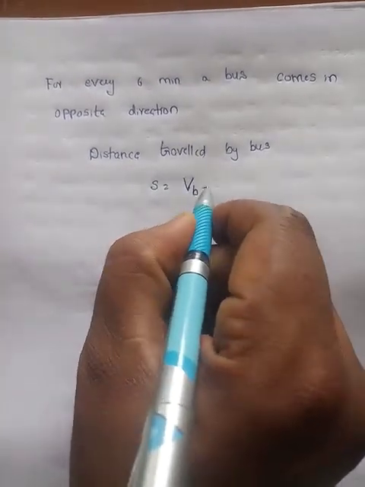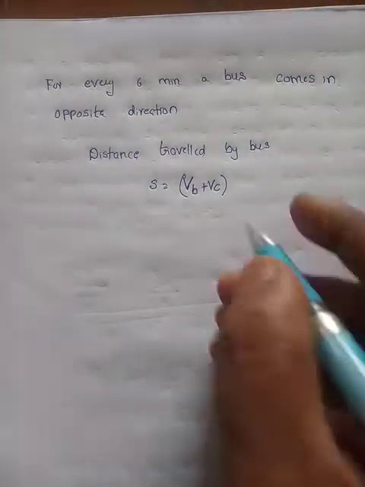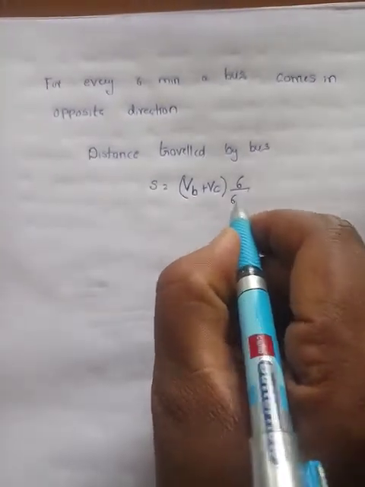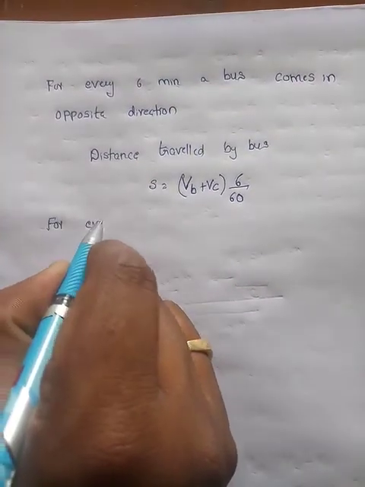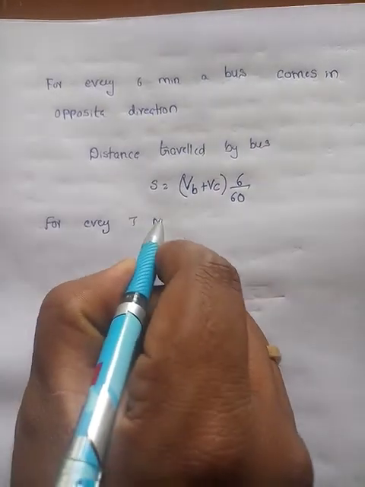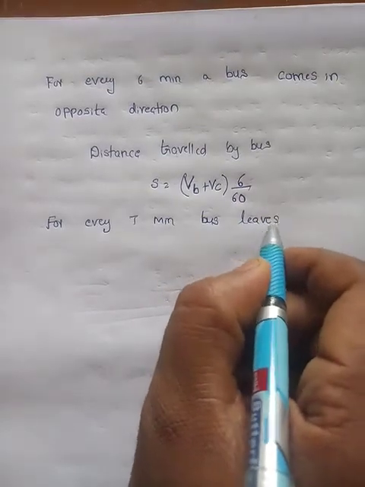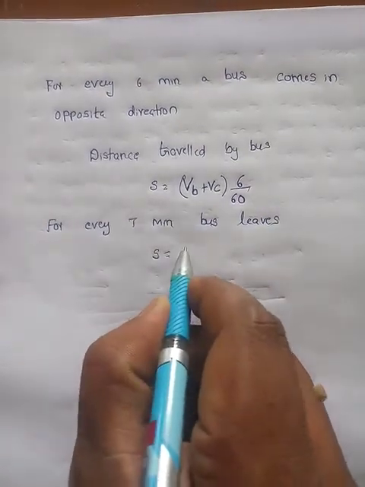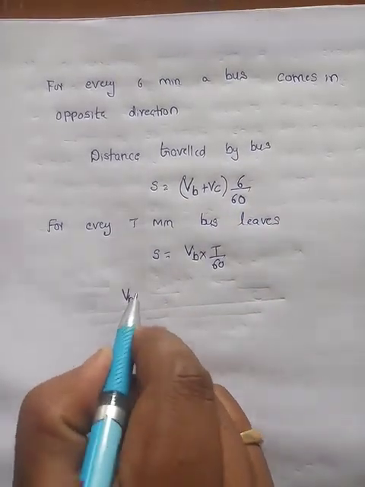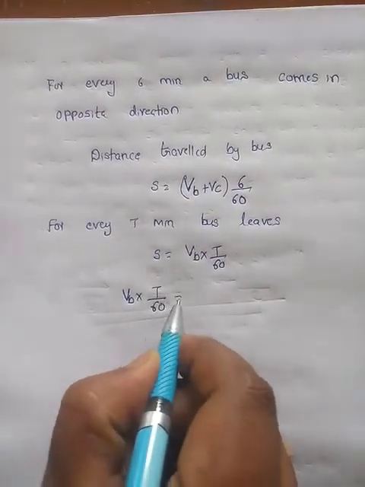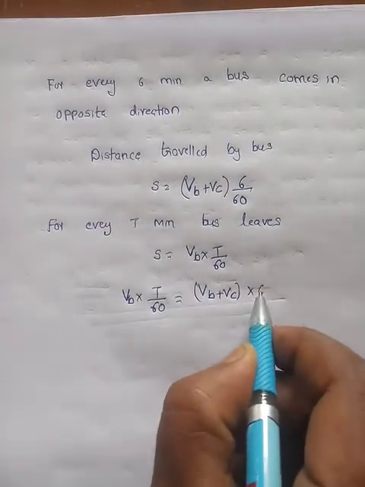Now, both are moving in opposite directions, because the cyclist is going one way and the bus is coming the opposite way, for every 6 minutes, 6 by 60. Same condition: a bus leaves every T minutes, so the distance travelled by the bus is S equals VB into T by 60. Combining these two, VB into T by 60 equals VB plus VC into 6 by 60.